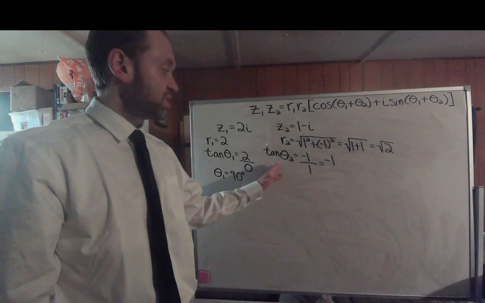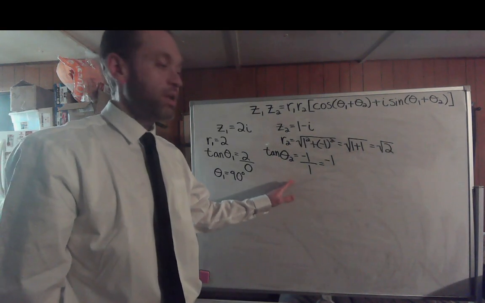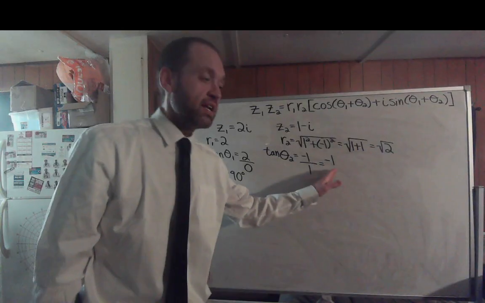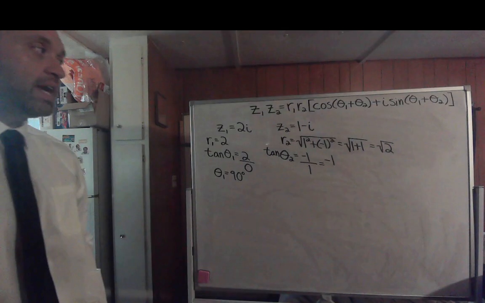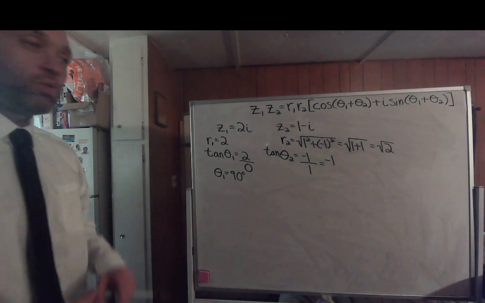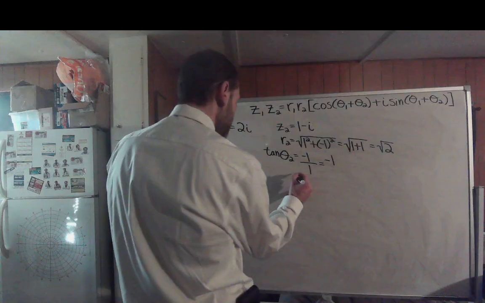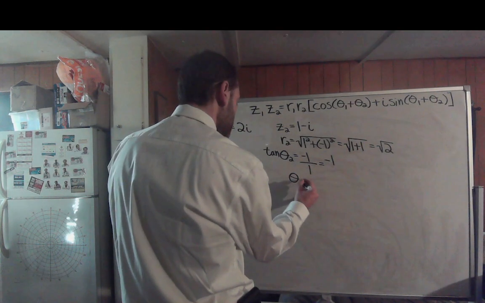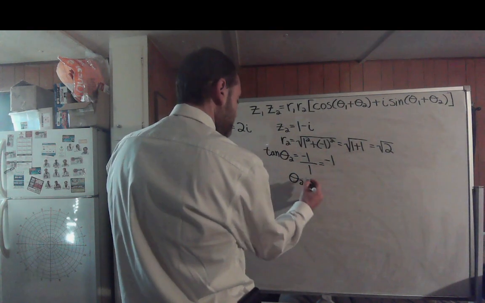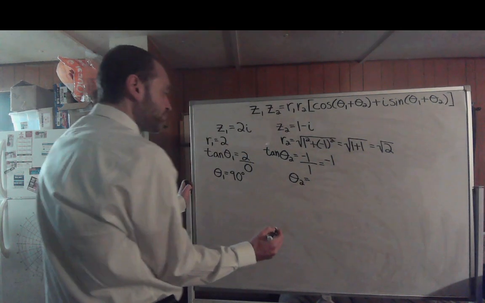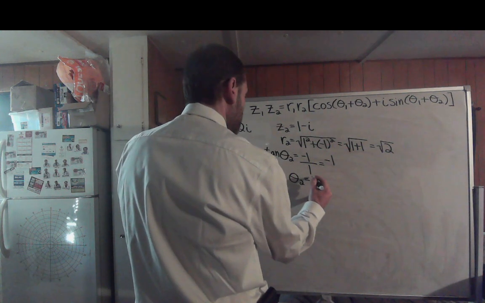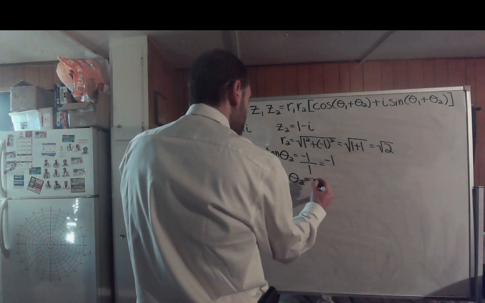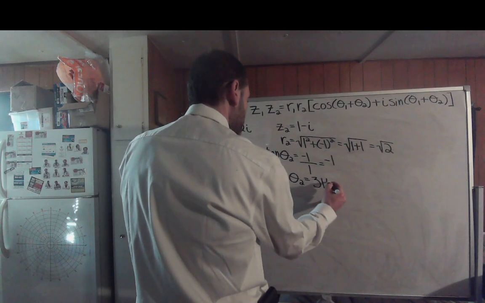So what angle gives us a tangent of negative 1 in the fourth quadrant? It'd be based off of a 45-degree angle in the fourth quadrant, so that'd be 315 degrees. So theta sub 2 is actually going to end up equaling 315 degrees.